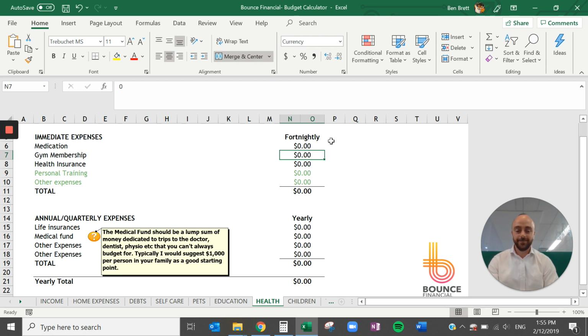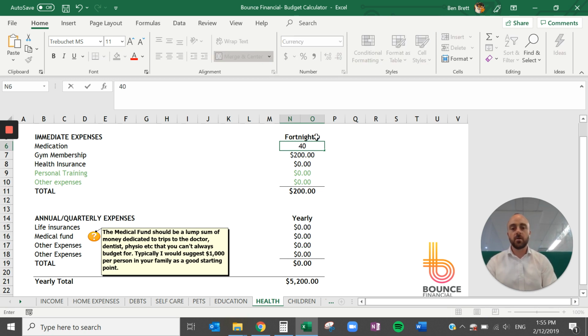Let's assume they do CrossFit, which is what I do, and I spend a silly amount of money on gym memberships. Medication, let's put $40 a fortnight. Usually, particularly the female in the couple, they are going to have regular medication costs. These are things like the pill that need to be incorporated into medication.